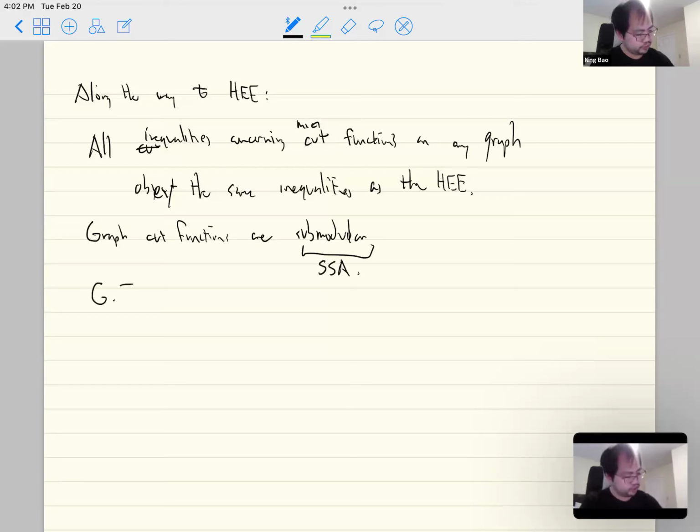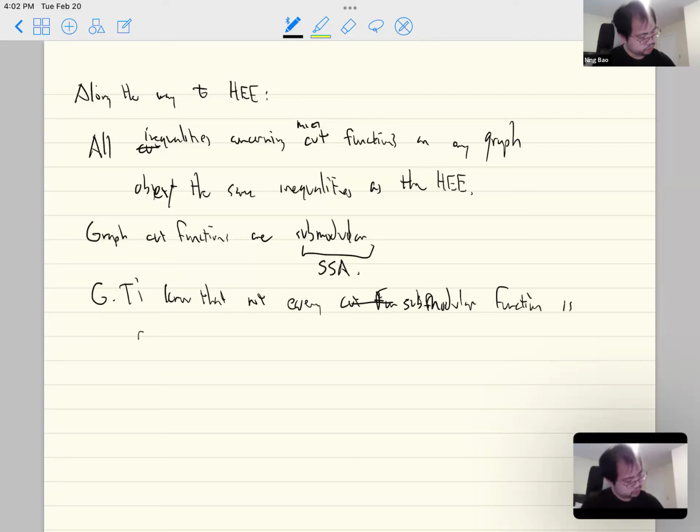Moreover, graph theorists know that not every submodular function is representable by graph cuts.